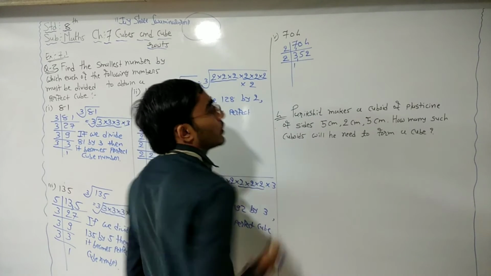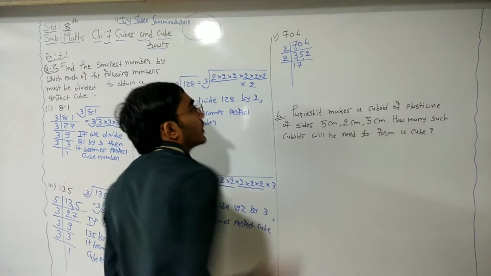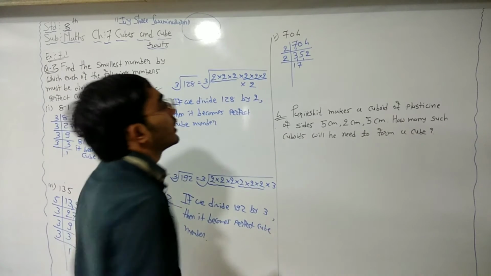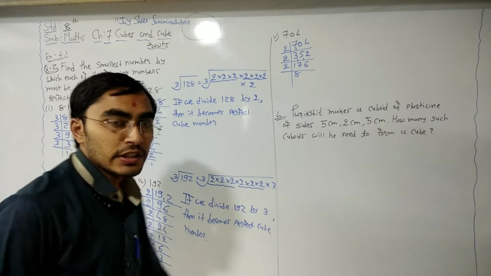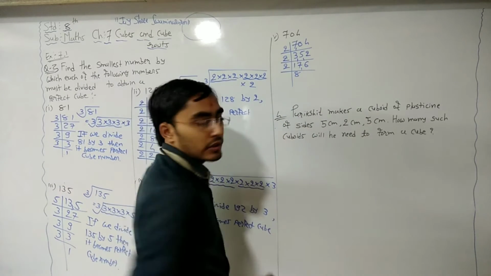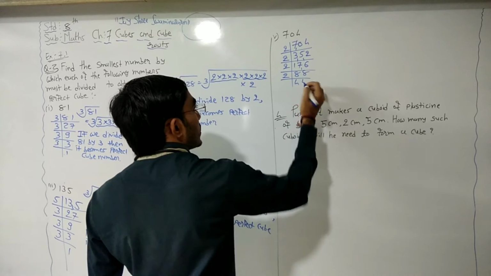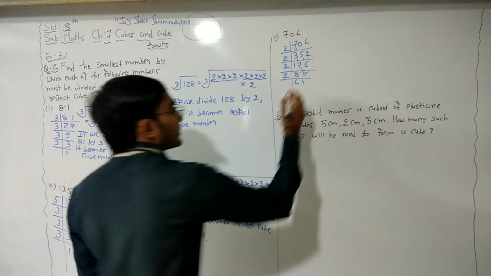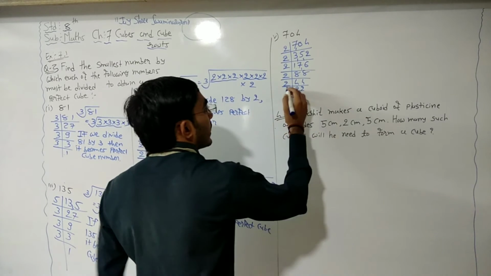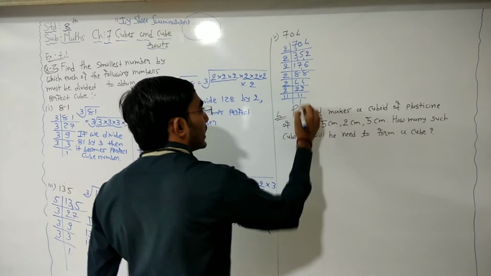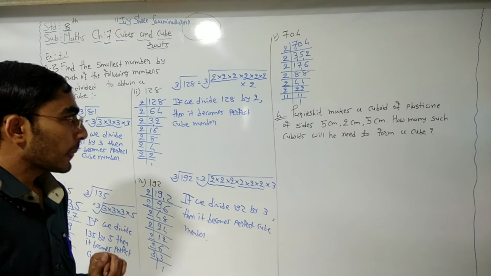So 2 1s are 2, 1 remainder, it becomes 15, 2 7s are 14, 1 remainder, it becomes 12, 2 6s are 12, again 2 8s are 16. So now 4 2s are 8. Then for 44, 2 22s, 2 11s, and finally 11 1s are 11, because 11 itself is a prime number.